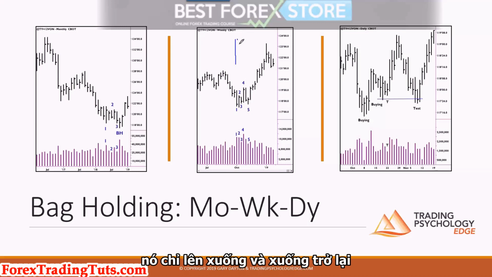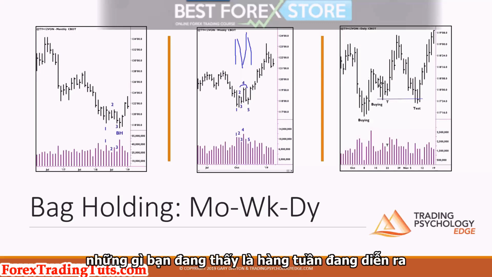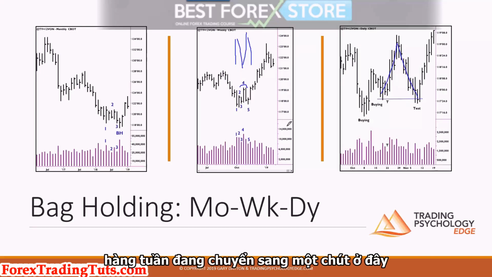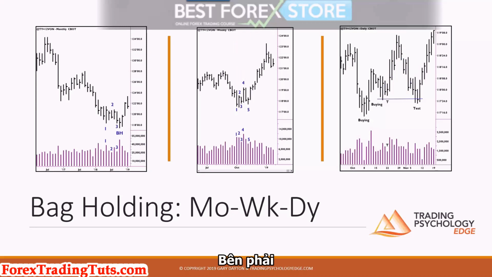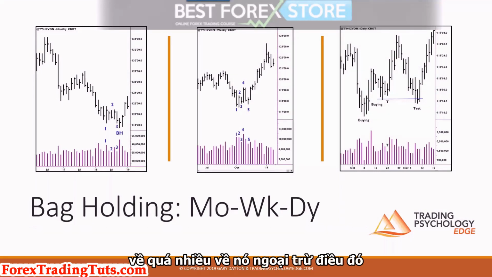It's just up and down, back and forth, back and forth. There's some churning in here. You could call this a little bit of churning. What you're seeing is the weekly going up and going back down again. So the weekly is churning a little bit in here. But what is churning never really tells me anything, so I've never really thought too much about it, except that there's just a lot of activity.